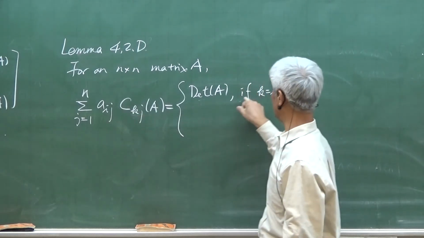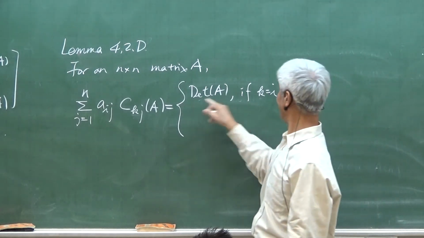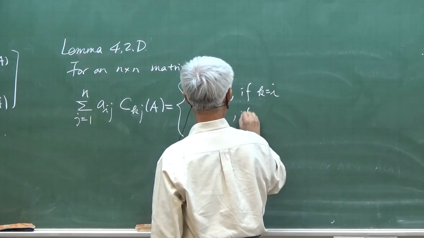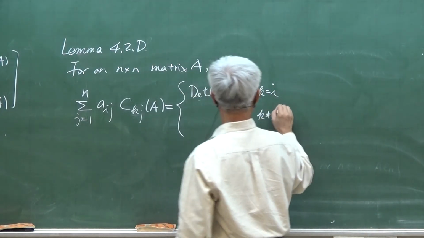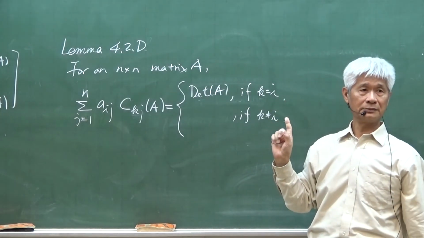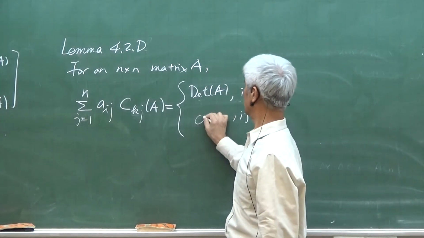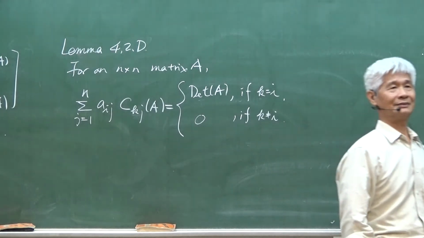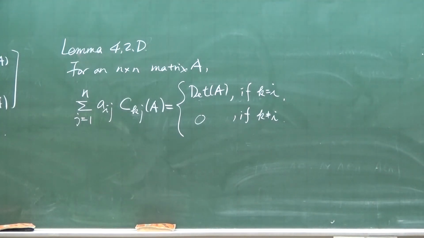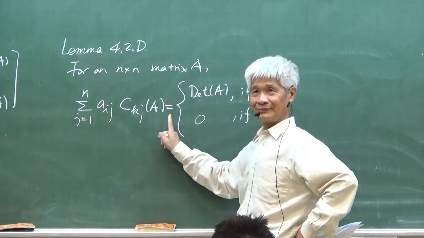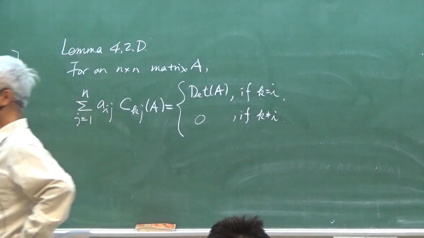So no problem when k equals i. But when k is not equal to i, what happens? 0. This is a very surprising result.